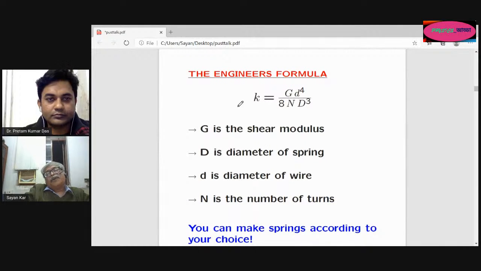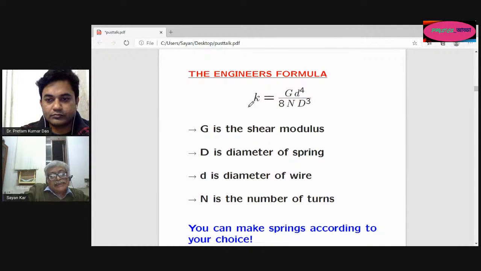This engineer's formula is actually telling you how you can make a spring according to your choice for the situation. For instance, a spring in a ballpoint pen would require a K which is different from a spring used in a car seat or in a bicycle seat or in a washing machine or in a toaster. All of these are basically related to the K that you need in order to get the desirable effect.